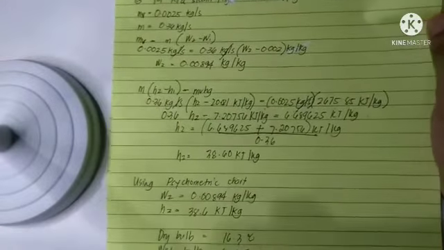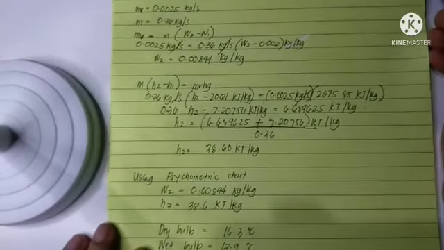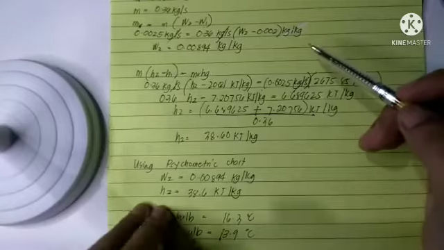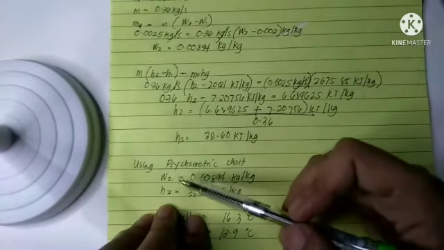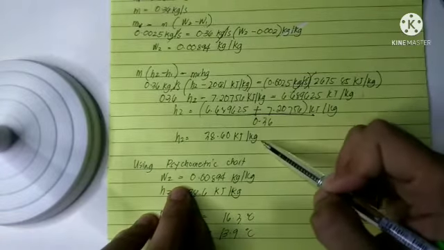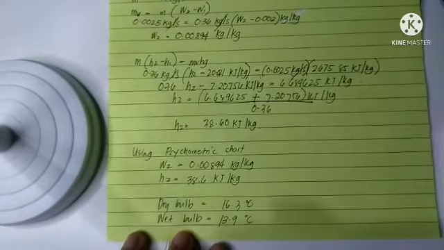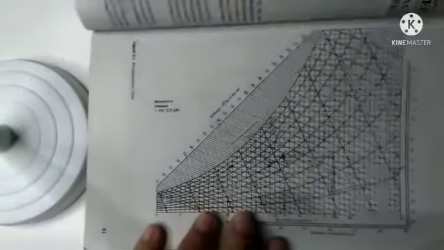Using the psychrometric chart, we are able to find the value of our dry bulb temperature and wet bulb temperature using the enthalpy and humidity ratio from our answers above.